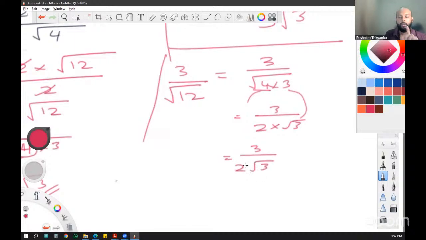Now I told you rationalizing means you are just removing the ugly things. That is the root 3. So we are not multiplying by 2 root 3. We are just multiplying by only root 3.